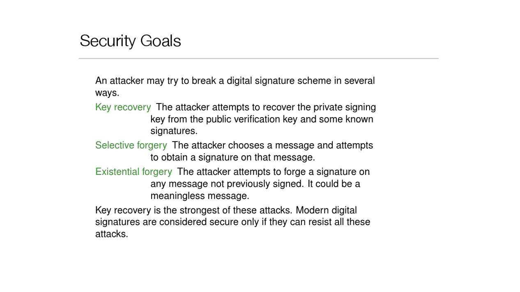That is a little more difficult than existential forgery. And in key recovery, the attacker tries to get the key. Once the attacker gets the key, he can sign any message. Recovering the key is hard. Selective forgery is a little easier than key recovery, and existential forgery is the easiest. So key recovery is the strongest of these attacks.